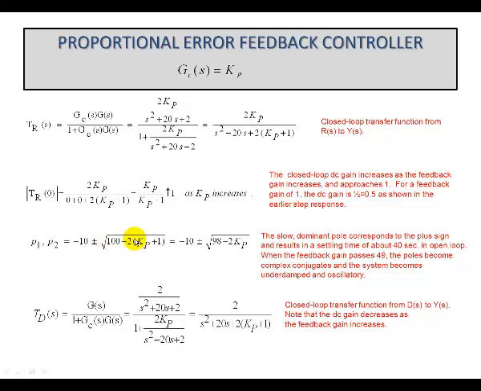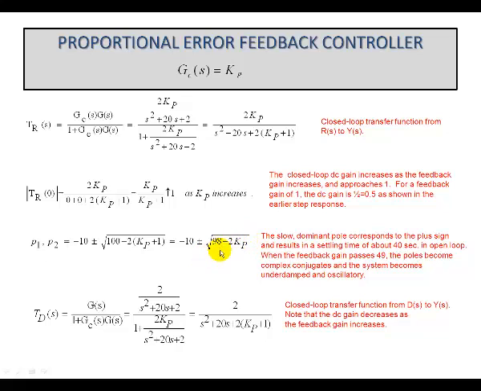And to see why that is happening, we can look at the poles of this quadratic, at the roots of the denominator polynomial, which are the poles. And using the quadratic formula, we know that these are going to be the poles, depending on the value of Kp.